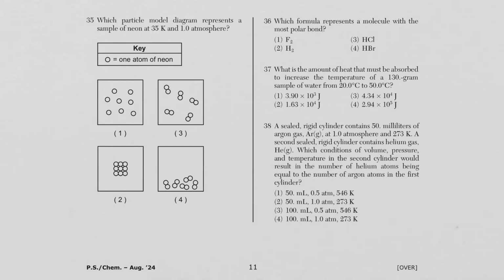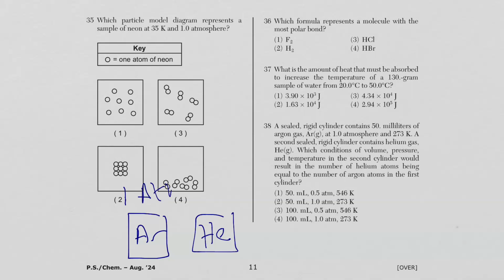All right, let's draw ourselves a picture. Here's my argon, and here is my helium. Argon is 1 atm, 273, and let's see, what does it say? 50 mils. Well, what does the second one have to be so we have the same number of atoms?